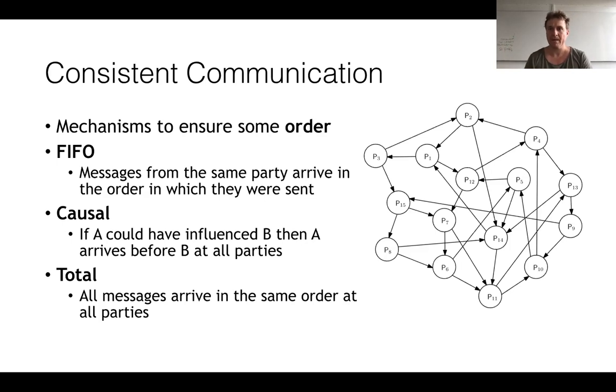The reason I need you to recall what causal order is is that we will assume we're communicating on a network with causal order, and then we'll just focus on how to order the concurrent messages, which might come in different orders at different parties. Okay? So I skip forward a few slides now, forgive me.